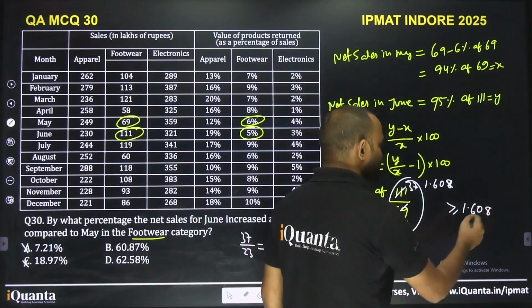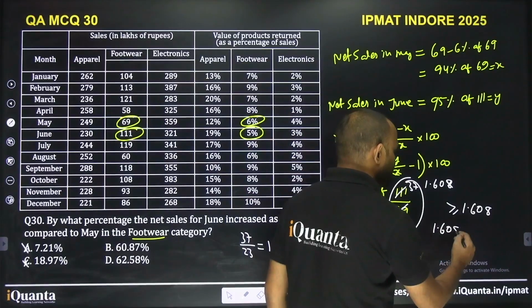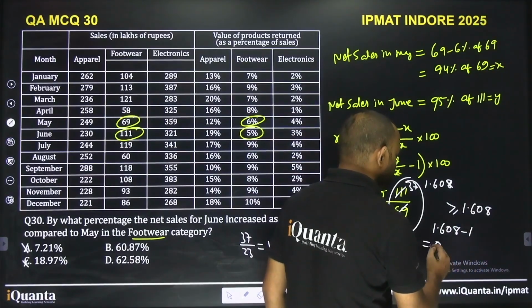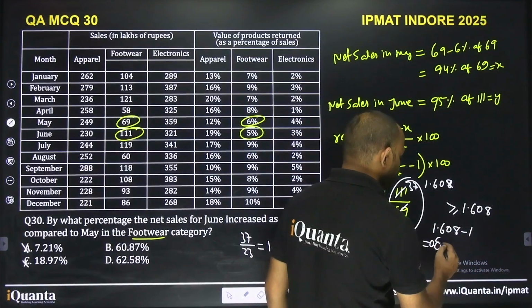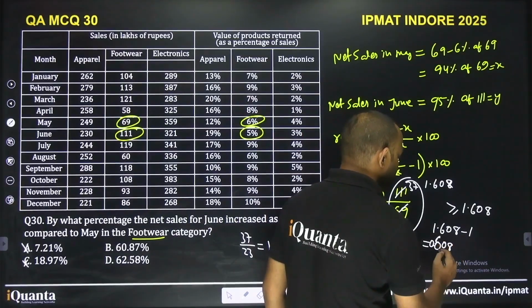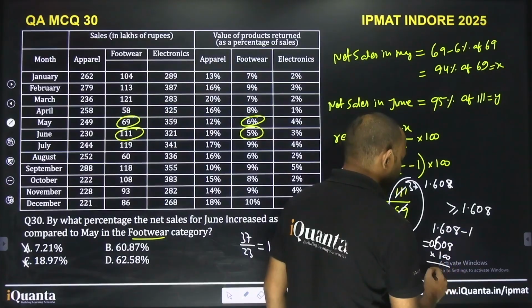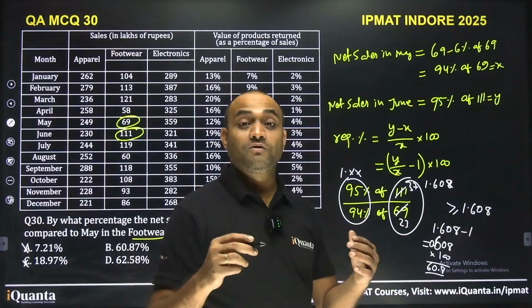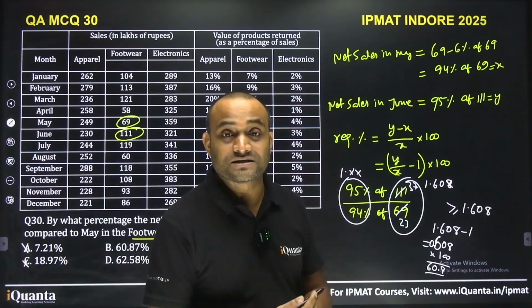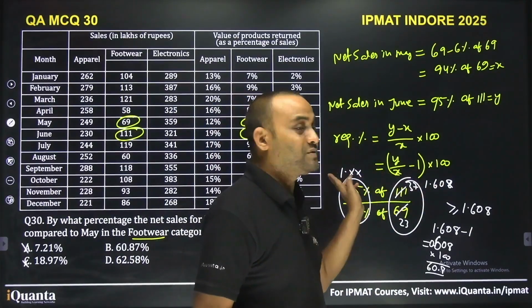If you subtract 1 from 1.608, we get 0.608, and multiplying by 100 gives 60.8. So 60.8%, our value should be way greater than 60.8%, because we are multiplying these two.